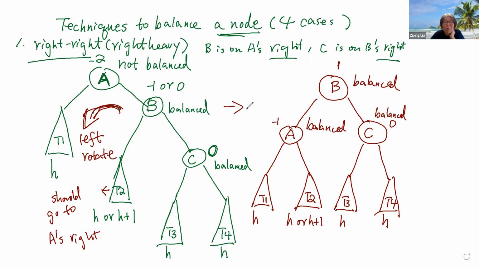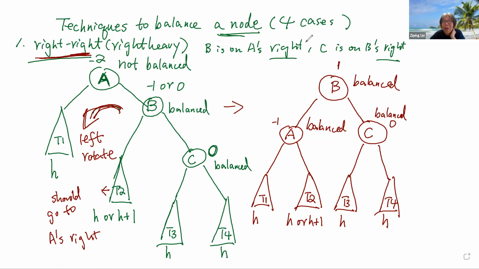So this is how we balance a node in the right-right case. For the right-right case, what we can do is a left rotate. We bring the unbalanced node to the left of its right node.